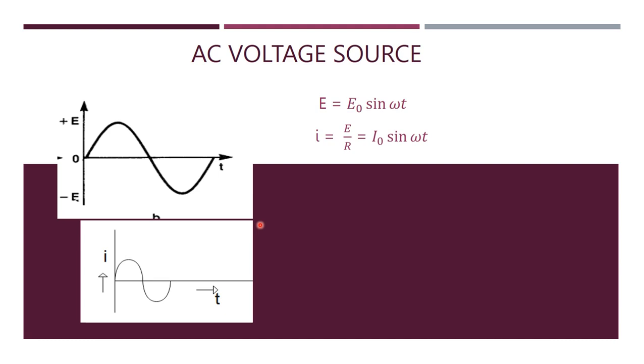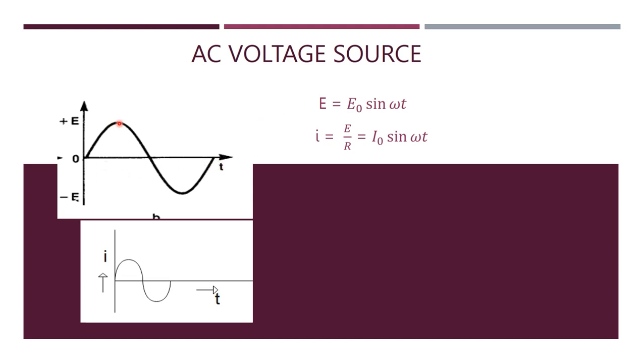Now we have seen that the AC voltage E is equal to E0 sin omega t. The typical waveform, which is nothing but a sine waveform, is given by this. This is the variation of the value E with time t.